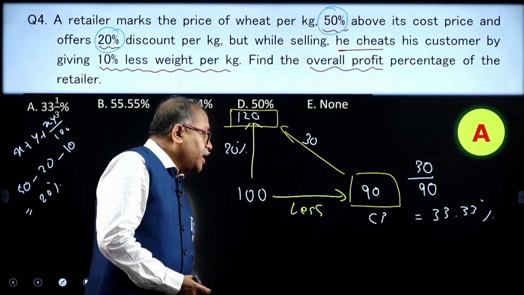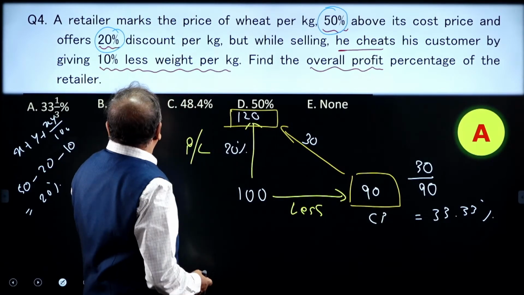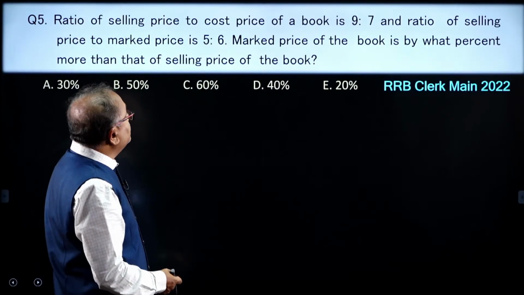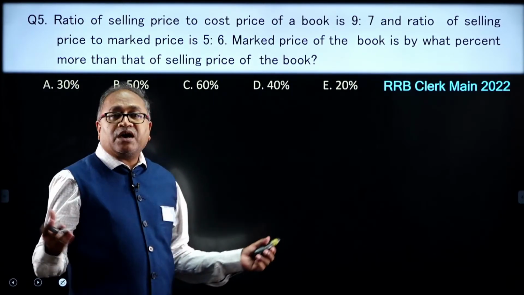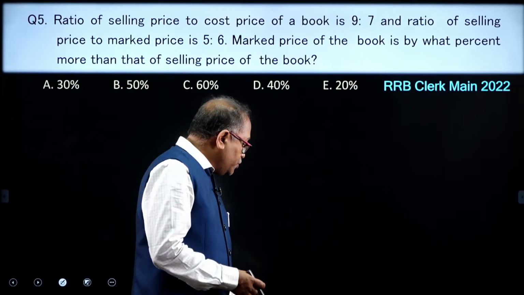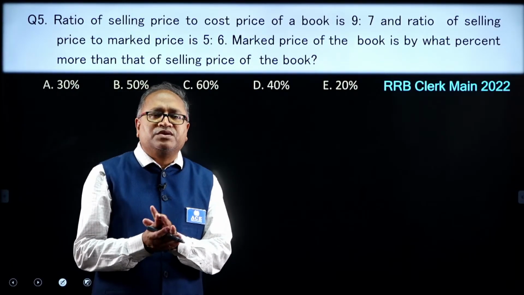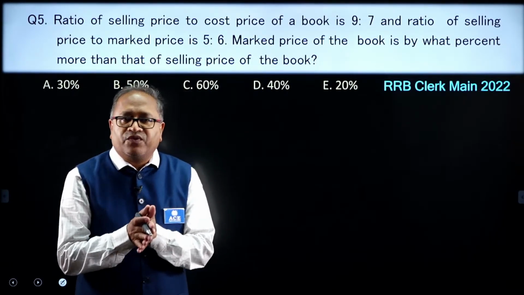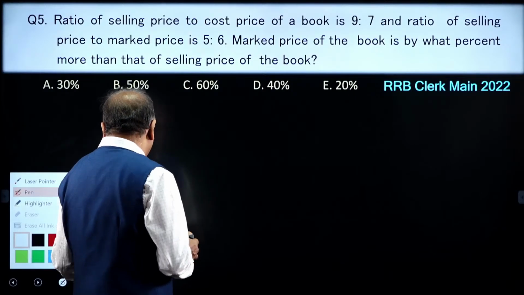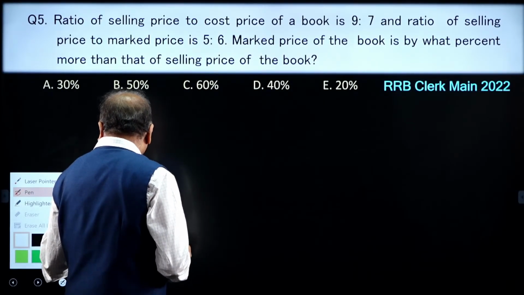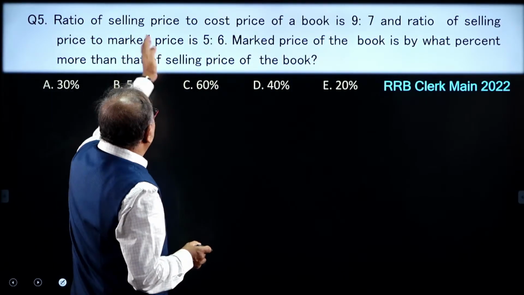I am moving on to the next type of questions, and here it is marked price. The moment it comes to profit and loss, you will definitely have questions where marked price is involved. Let us check what the question is here. The ratio of selling price to cost price is 9:7. I am working on a previous year question, RRB Clerk Mains 2022.